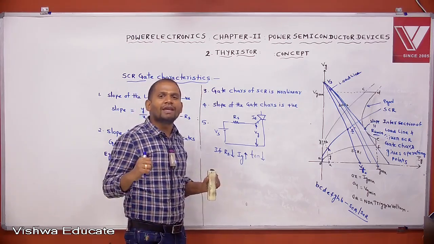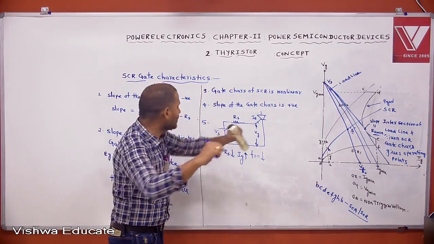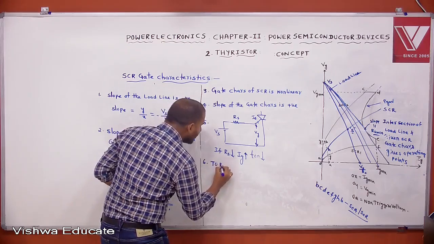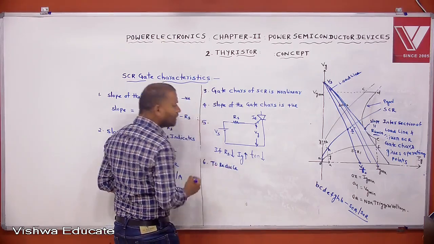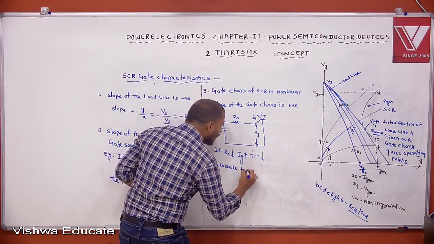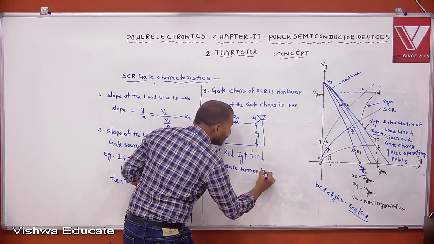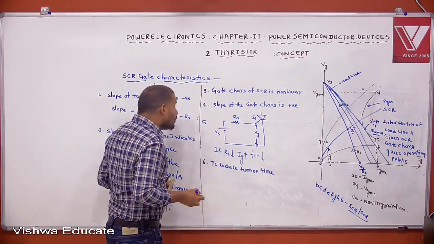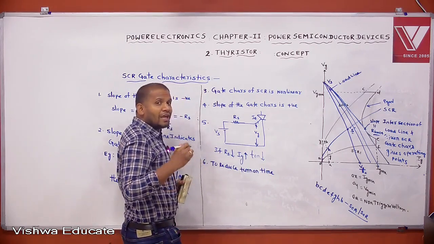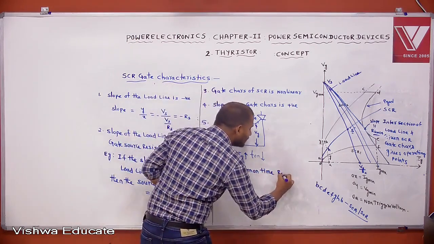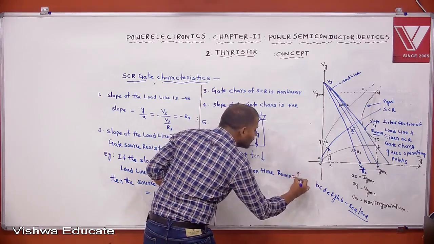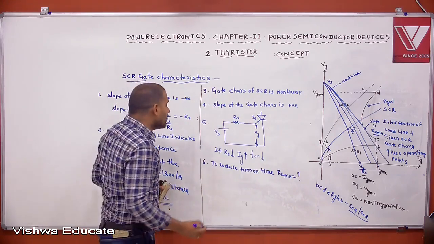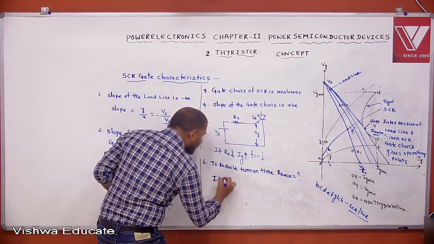Because of high gate current, the gate terminal may be damaged. Now the sixth observation: to reduce turn on time, how much minimum source resistance is connected? What is the minimum RS, and how do we calculate it?